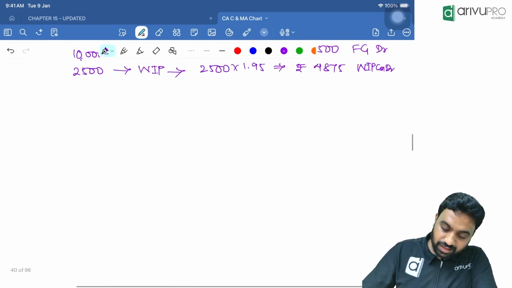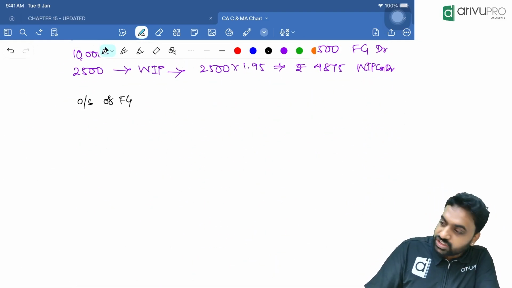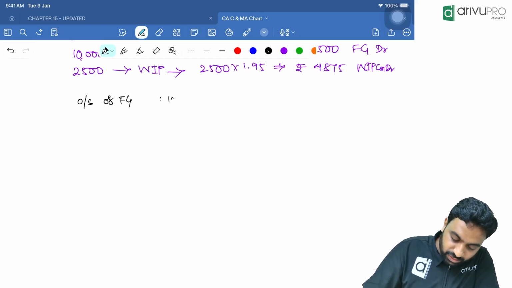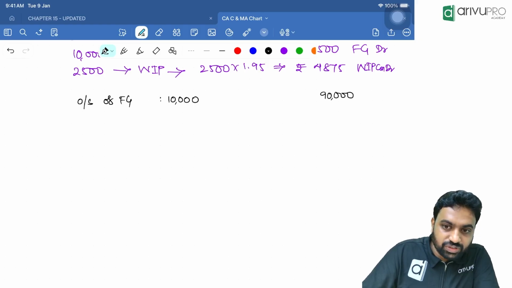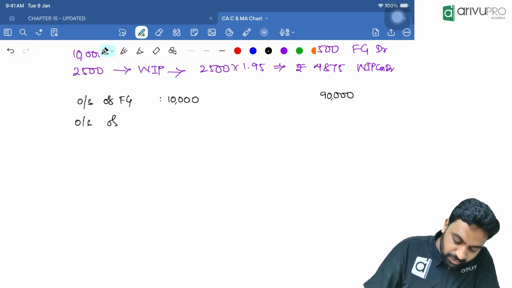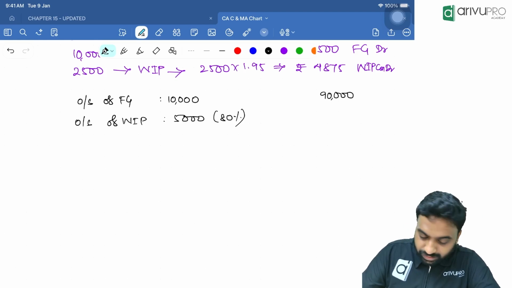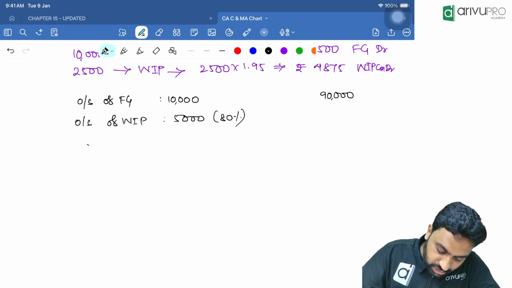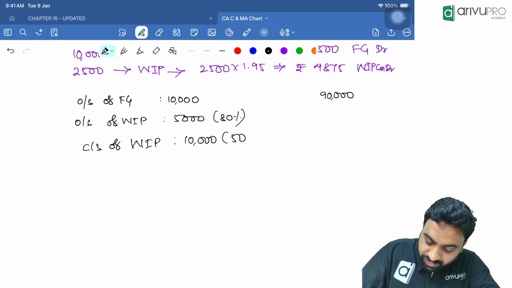If the opening stock is there, please keep in mind that you should exclude. For example, let's say opening stock of finished goods is 10,000 units, produced during the year 90,000. Opening stock of WIP is 5,000, which is already 80% complete, and closing stock of WIP, let's say 10,000 units, which are 50% complete.